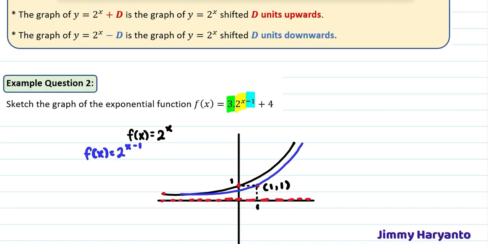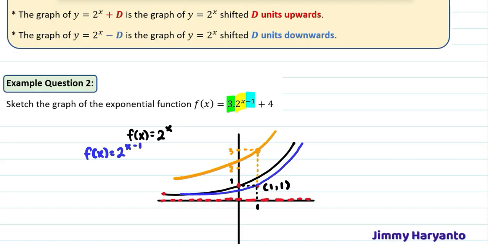So it will become 3. 1, 2, 3, like this. And then this one also gets multiplied by 3. Let's say that one is 0.5. 0.5 times 3 is 1.5. So the curve will be like this.